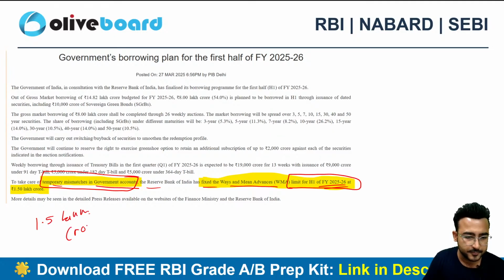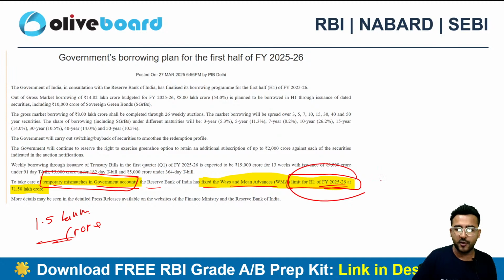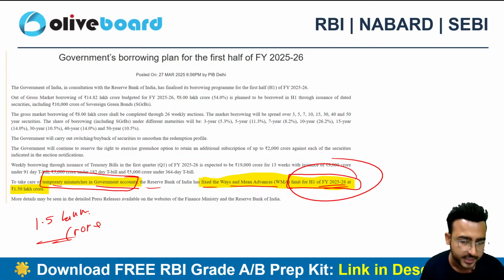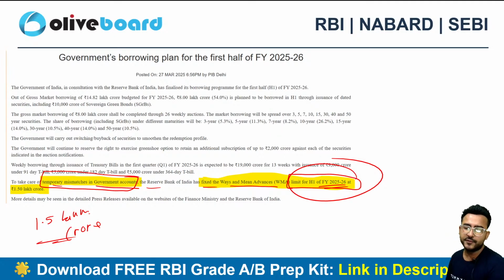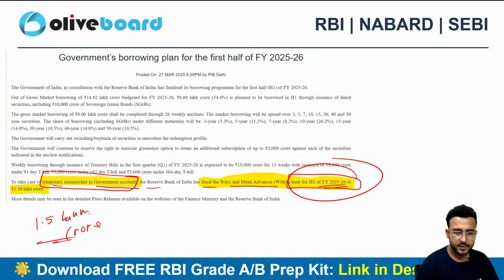Okay, this is for the half year one of financial year 2026. For the second half year, as of now the data is not yet declared, so you can use this particular data for the first half year of financial year 2026. 1.5 lakh crore is the data. You need to remember this one for your examination, and in case they declare the data related to half year 2, we'll be discussing that particular data as well.